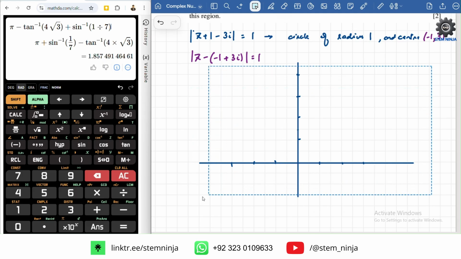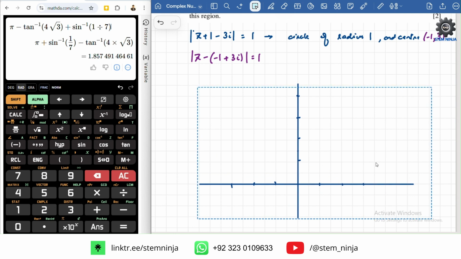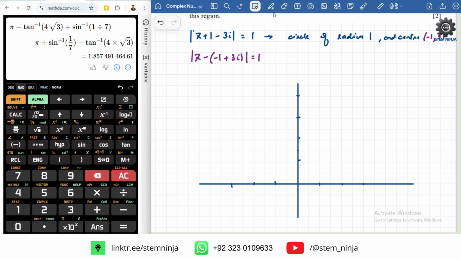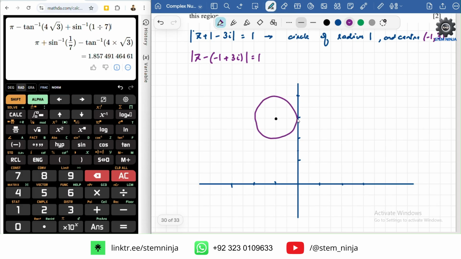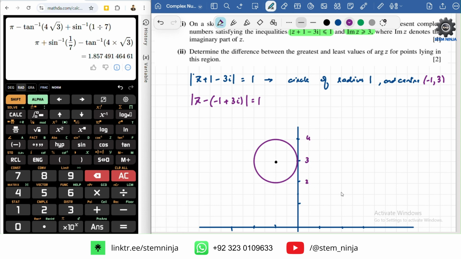Oh, sorry, my bad. So the center is minus 1, 3i. So minus 1, 3i is over here. Radius is 1. So this would look like this. Right, exactly like this. Okay, so this is a circle of radius 1, center minus 1 plus 3i. This is your 3. So this is 4 and this is 2.